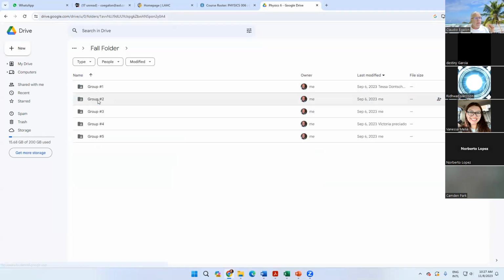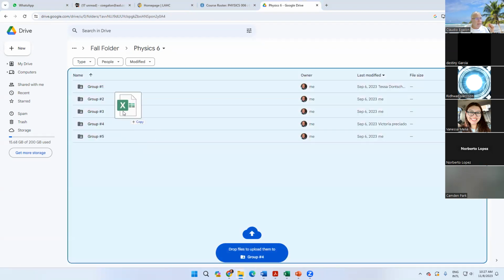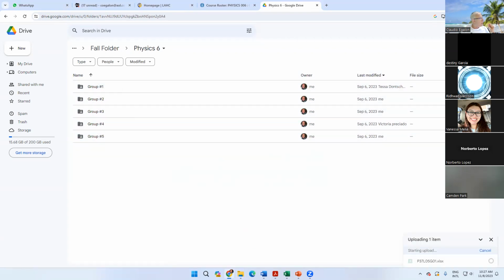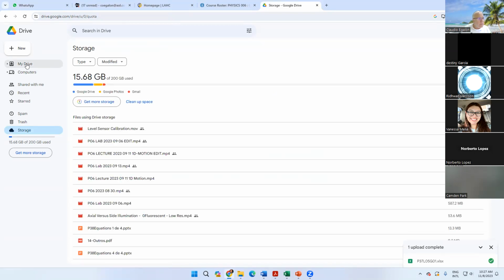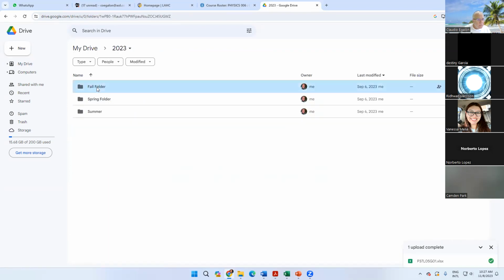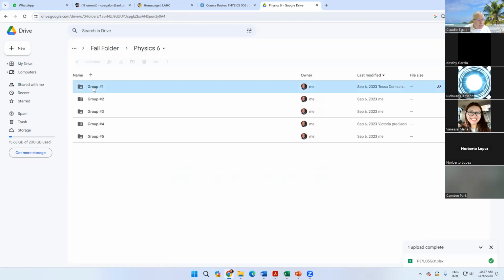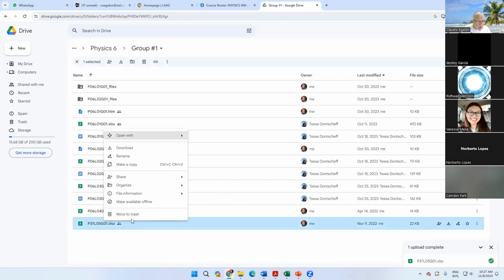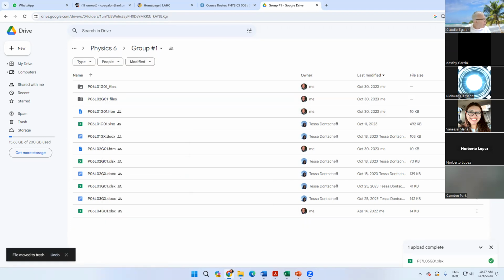All folder, Physics 6. Okay, group 1. Before, wait a minute, what am I doing here? Let me do something first. Okay, ignore that. Ignore this file here, group one. I have to make a slight change to it.